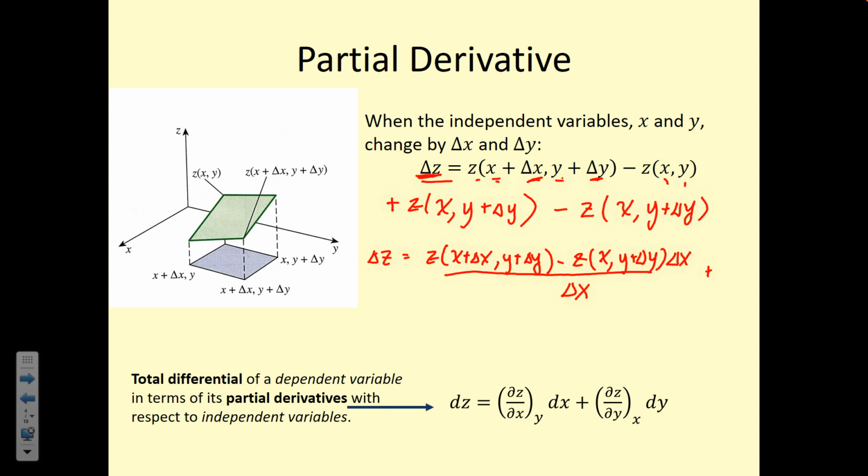Then our second term is z of x, y plus delta y minus z of x, y, and we're going to multiply that one by delta y and divide that one by delta y. So we've added and subtracted the same thing, and then multiplied and divided each of these individual terms by 1. This is just mathematical manipulation so that we can cancel things out and get what we want.